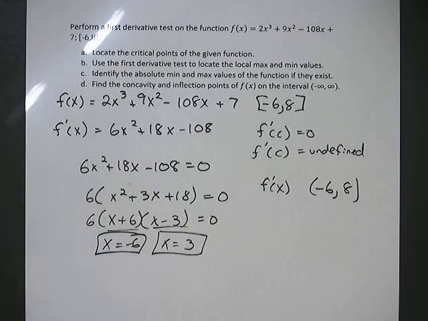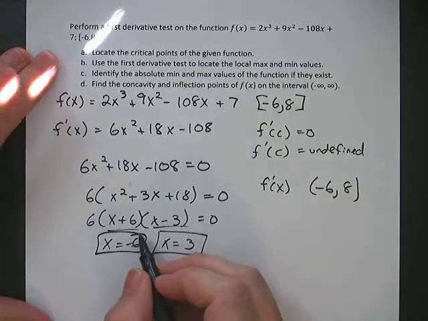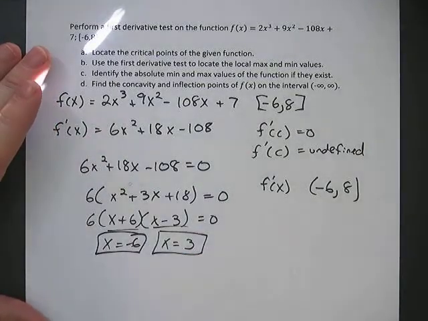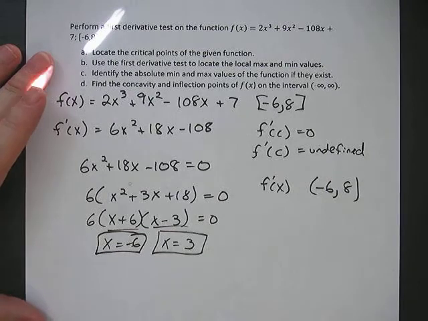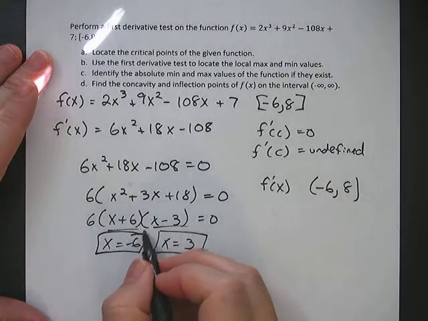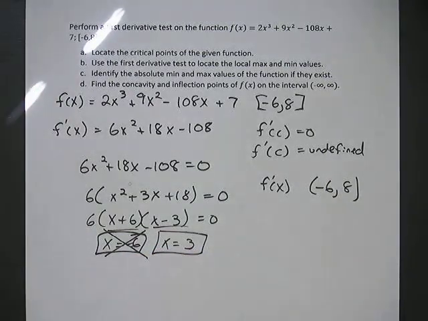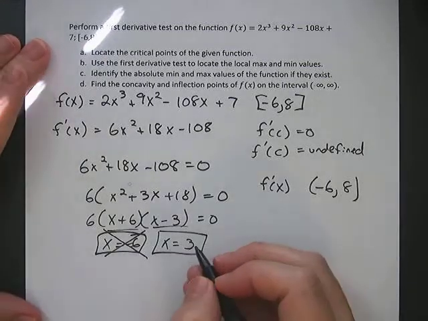We're not going to include those endpoints, and you notice that one of these is actually one of those endpoints. When you're looking for absolute extrema you can use the endpoints, but in this case we're looking for critical numbers that exist on the interval, so we're going to throw out that endpoint. We're just going to use 3. So 3 is our critical number, our critical x value.